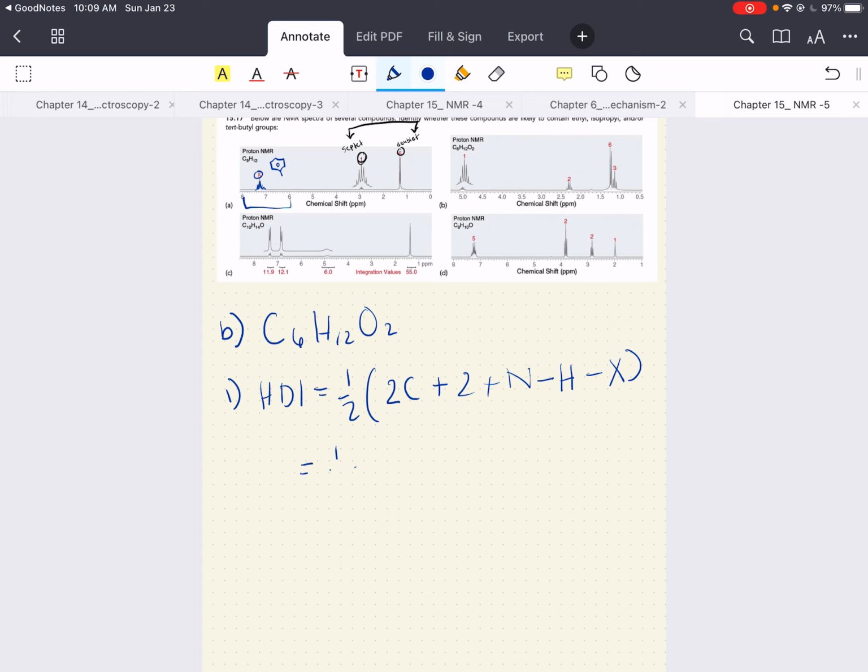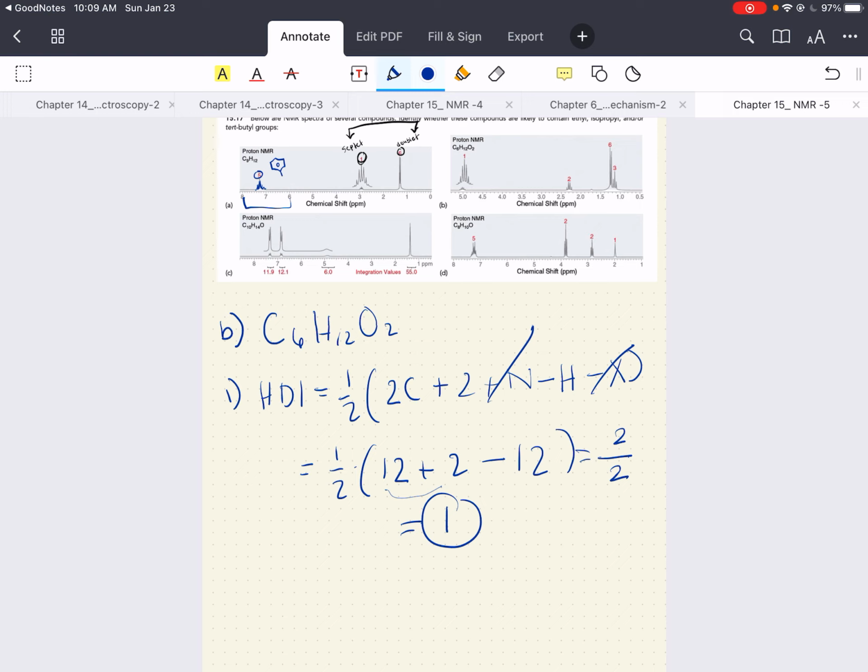So that is 1/2 times (2 times 6 is 12, plus 2, we don't have any nitrogens, minus 12 hydrogens, and we don't have any halogens). That's 14 minus 12, so 2 over 2. We have a hydrogen deficiency index of 1.